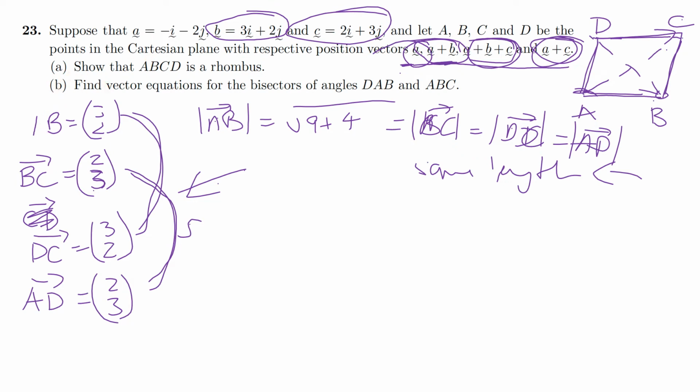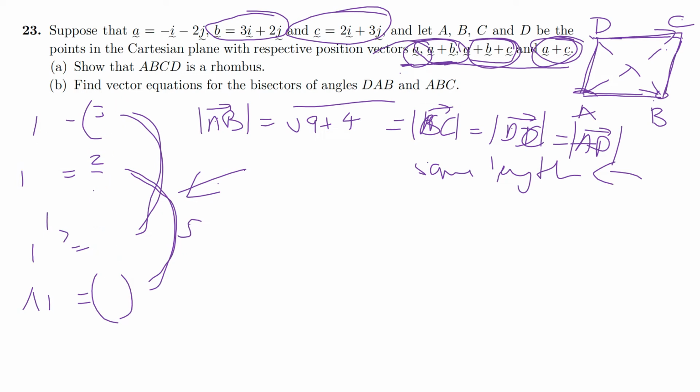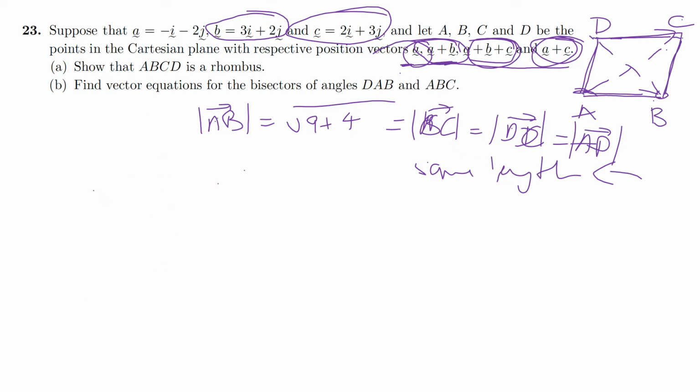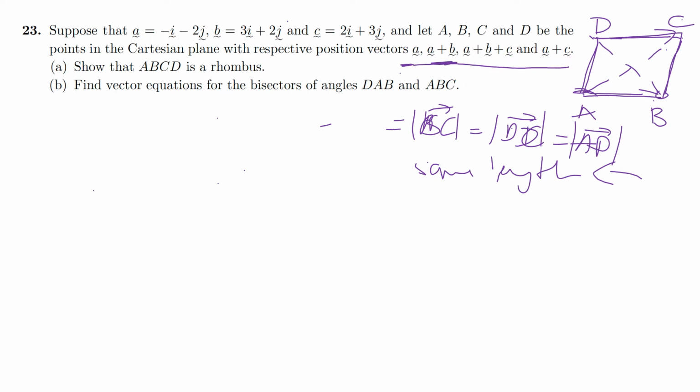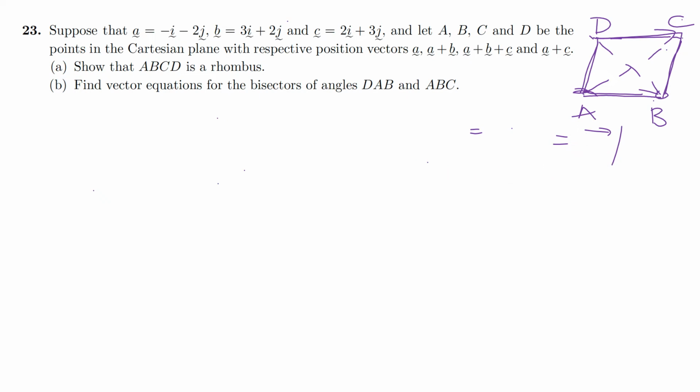I need to just make some room here, which is tricky. So we need a point and we need a direction. So if we take the point A, where the position of A is the only nice one here because it is vector A, that helps us there.